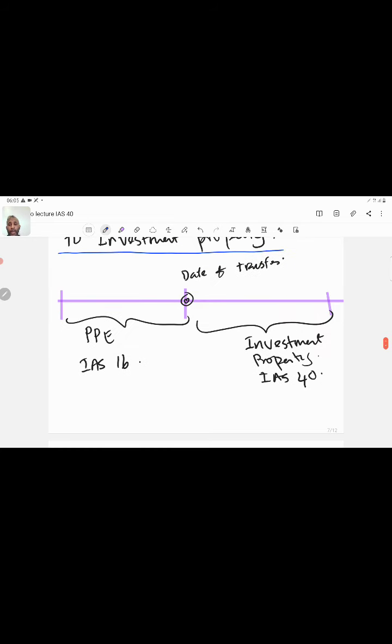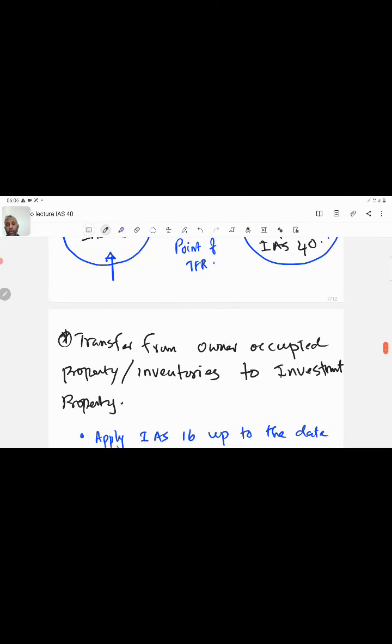Now if you look into this diagram here, prior to transfer, that property has been treated under IAS 16 property, plant and equipment, and then on this point we are converting or transferring to investment property. What you should do, transfer from owner occupied property or inventories to investment property.